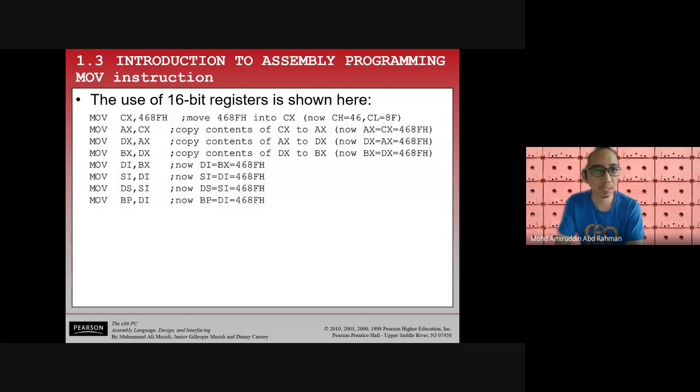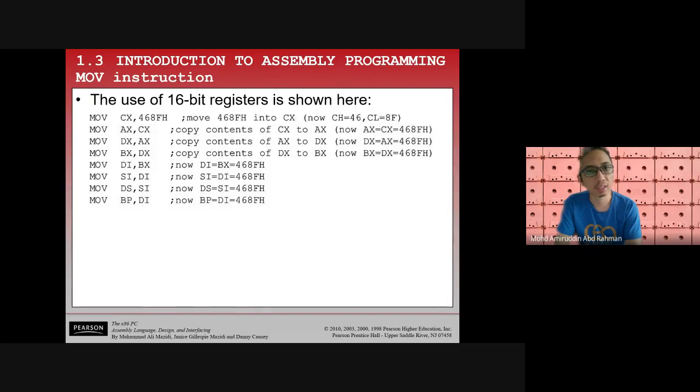So 16-bit is X. So let's say we have FFFF in the 16-bit register. And now for example, we want to move the value of 468F into CX.